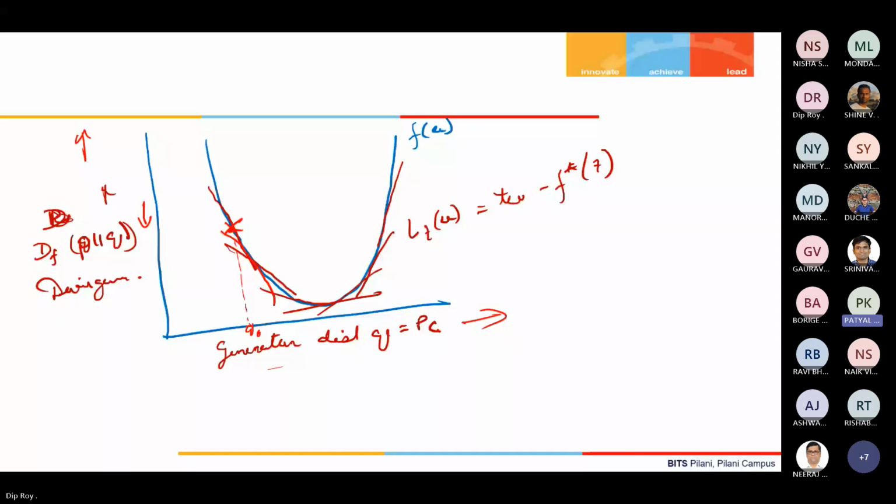Okay, sir. Because this curve represents p of x by q of x. Exactly. This represents this f of u, which is basically p of x by q of x. What we are trying to say here is that it's not that we don't know the curve. What we are saying is that we don't know how to navigate the curve.